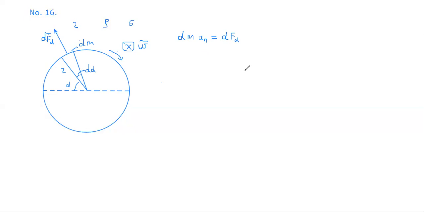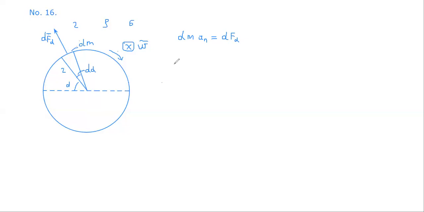Okay, if you don't have any questions, let's continue. What can we say about mass dm? We don't know this mass, but we know the radius of the ring, and we know the density of this ring.